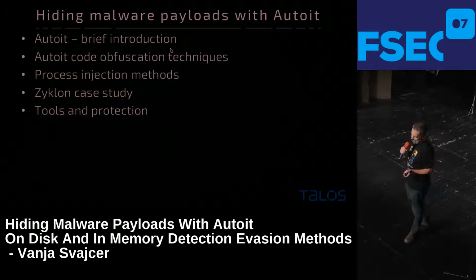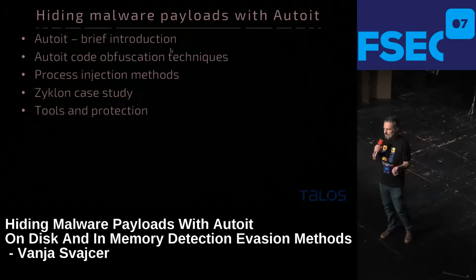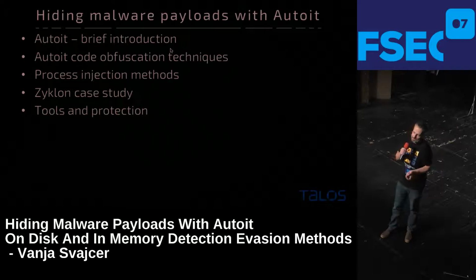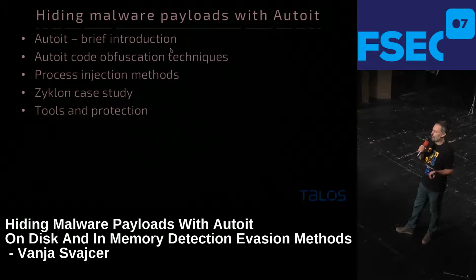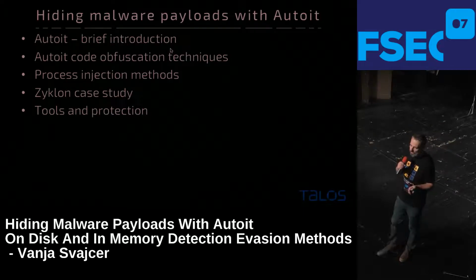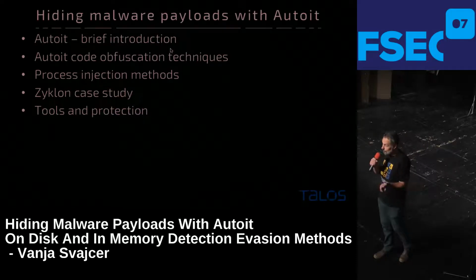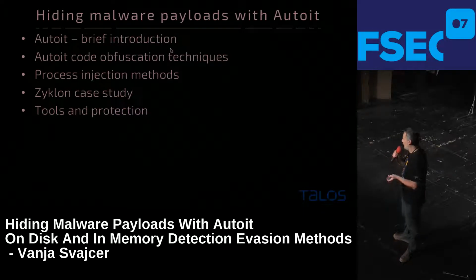We'll go through a Zyklon case study, to show you an example in the wild, and a couple of others. And then I will mention a few tools that, if you are into analyzing malware and trying to analyze Autoit malware, could hopefully help you with the actual analysis process.